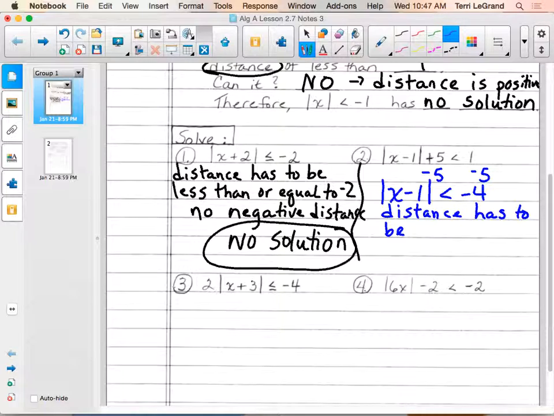Distance has to be less than negative 4. So that's what's happening here. Can it be? No. So let's be lazy. Let's write can't be. So what's our solution? No solution.